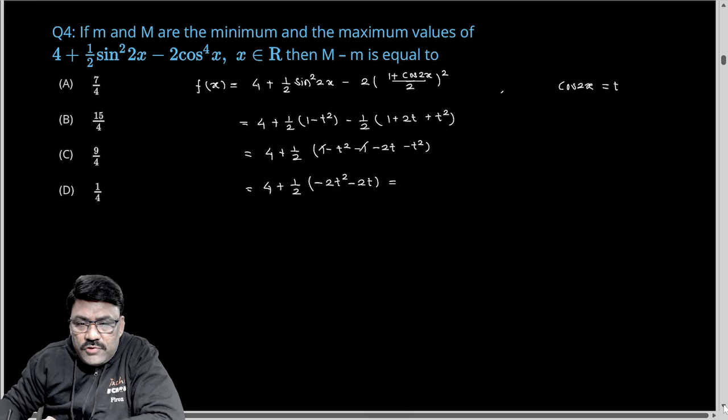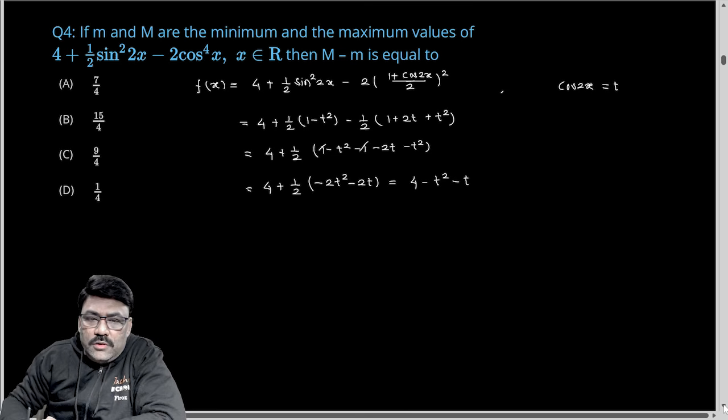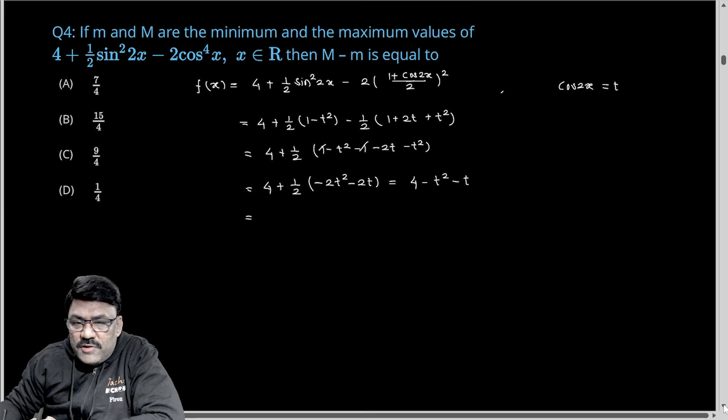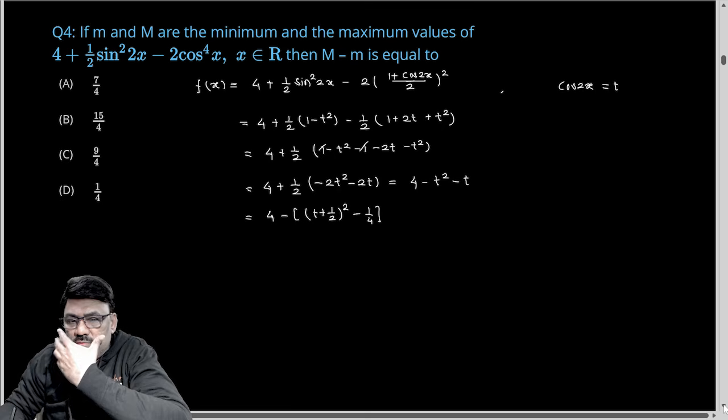So finally I'm getting 4 minus t square minus t. Now if I make a perfect square here, 4 minus, taken common, t square plus t can be written as t plus half whole square minus 1 by 4.